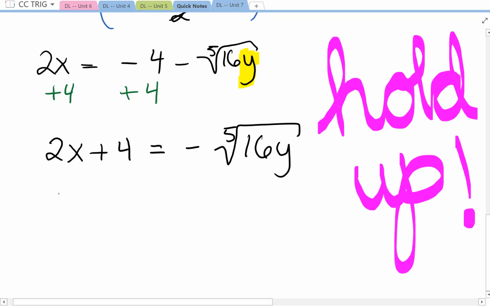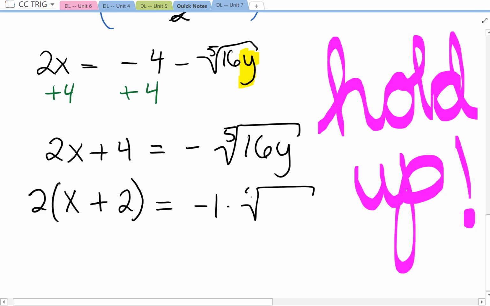I can't take it out after I have decided to put everything to the power of 5. And I'd rather take it out before dividing by negative 1 and changing all the signs. 2 times x plus 2 equals negative 1 times, that's what that negative means, 16y.